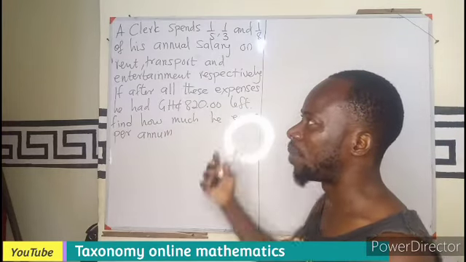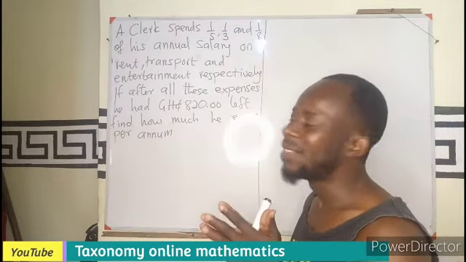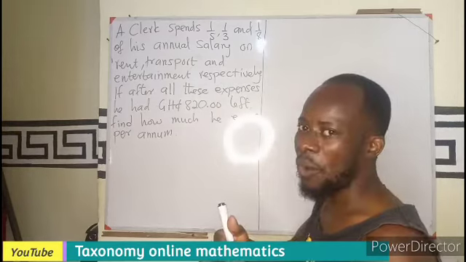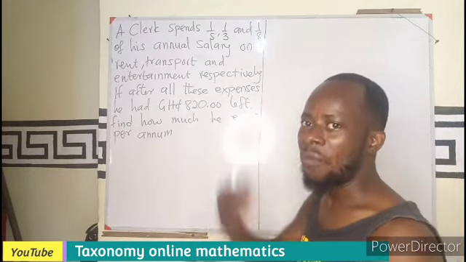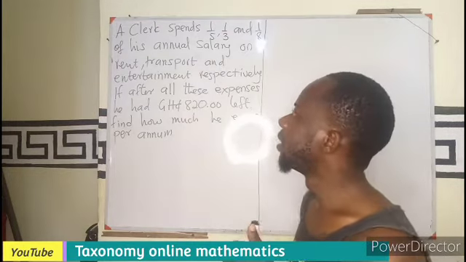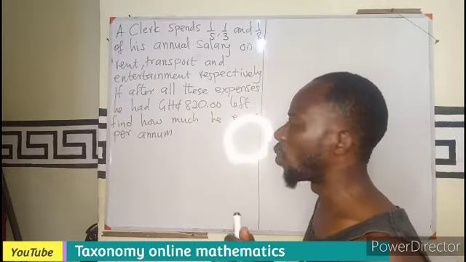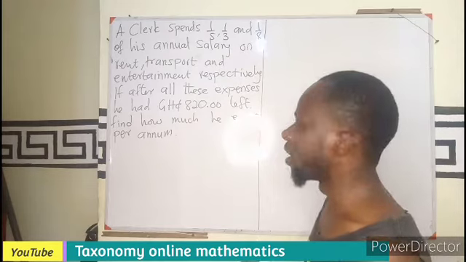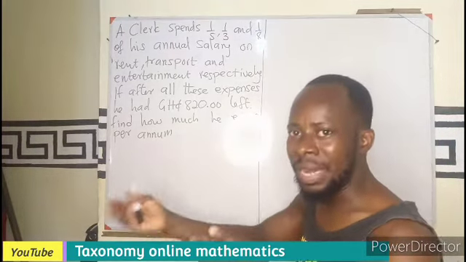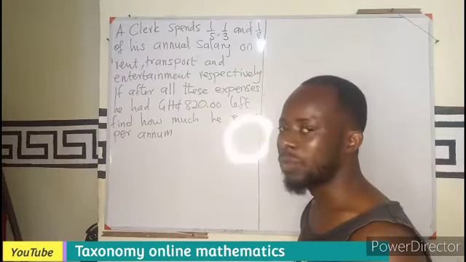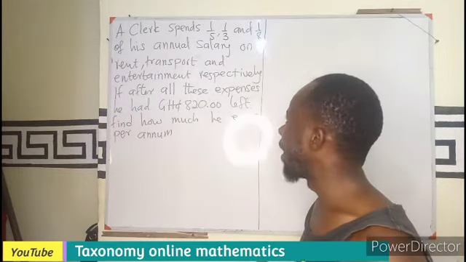The amount spent on rent is 1/5 of whatever the monthly salary is. The amount on transport is 1/3 of the amount received per month. Then entertainment is 1/8.